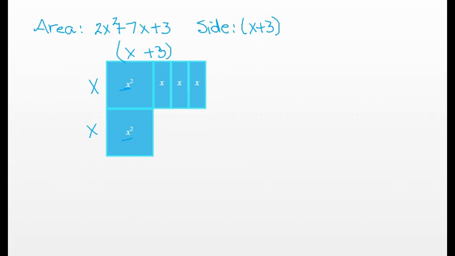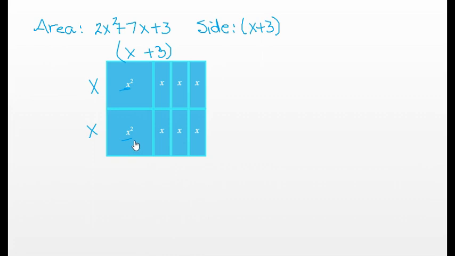I know that I need to fill in these with x's, because I'm given this side length of 1 and this side length of x, so 1 times x gives me x. So I know that this has to be filled in with an x tile.